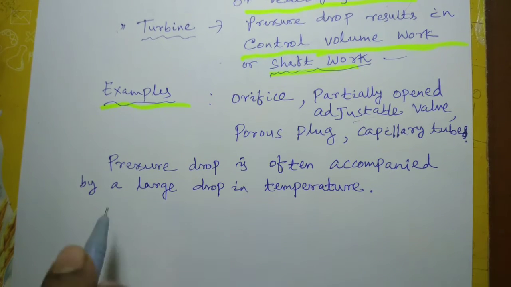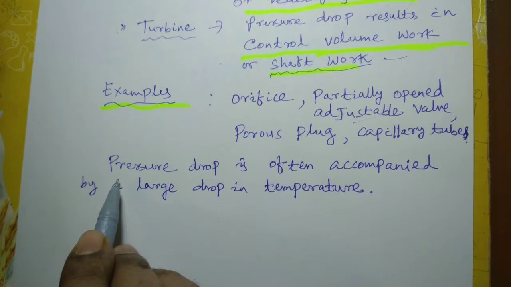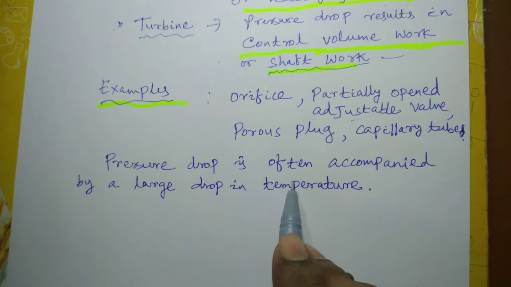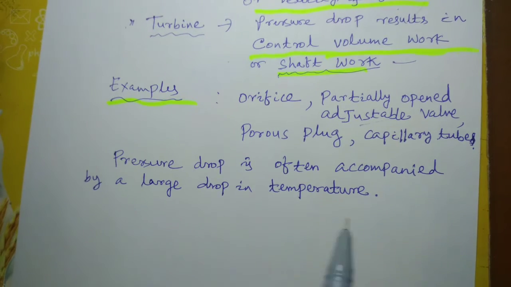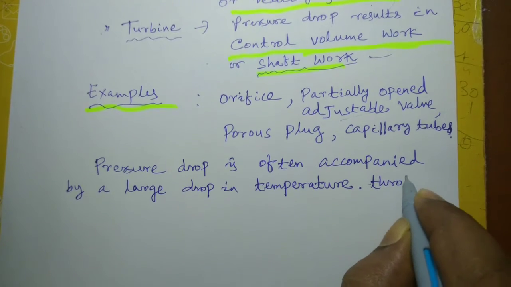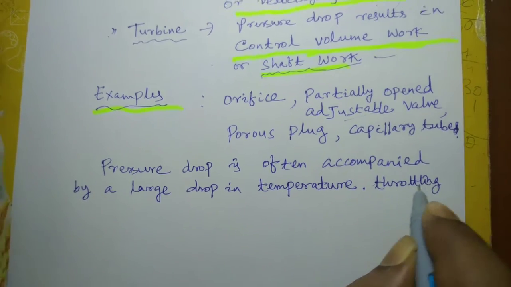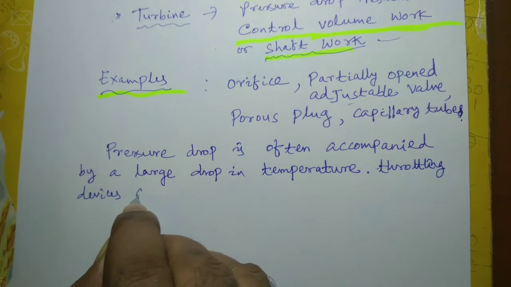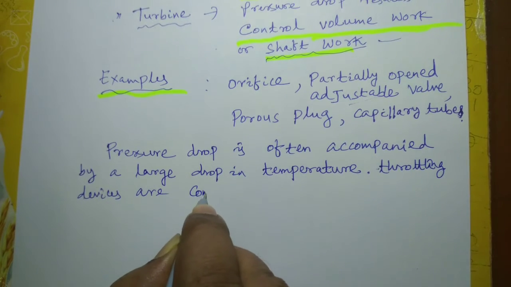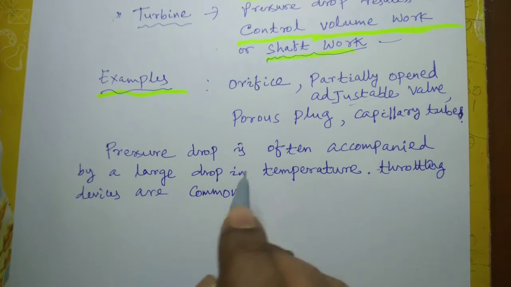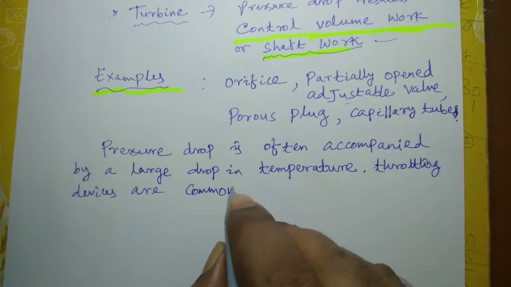That's why, since pressure drop in throttling device is more often than not accompanied by a large drop in temperature, throttling devices are commonly used because in these cases both pressure drop and temperature drop takes place.